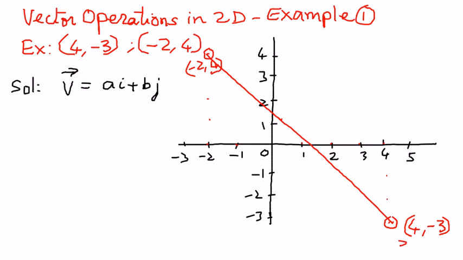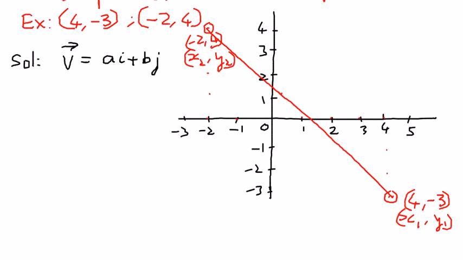If we call this point (x1, y1) and this point (x2, y2), then we can now represent this vector algebraically. The way to do that is as follows.